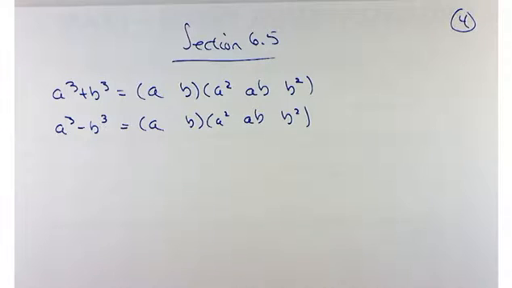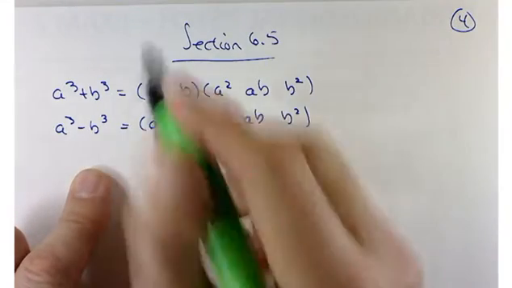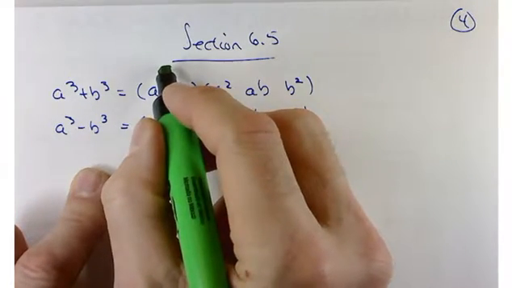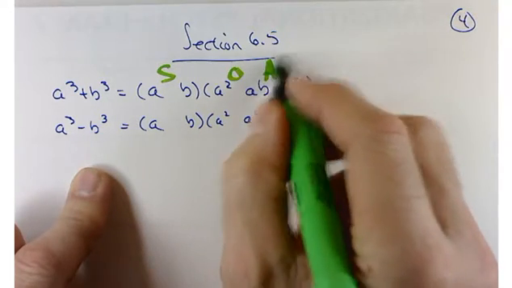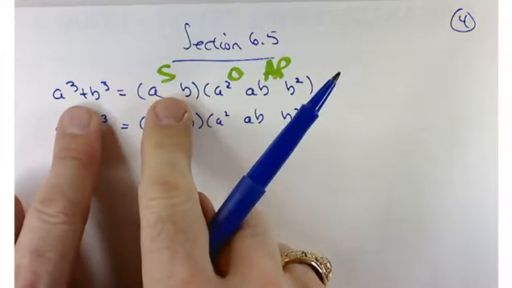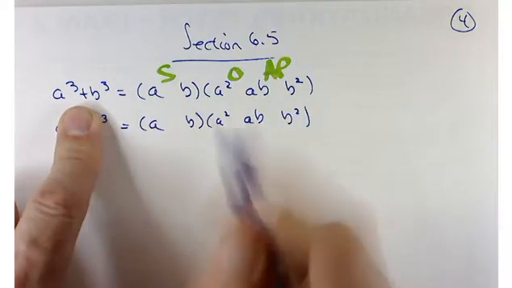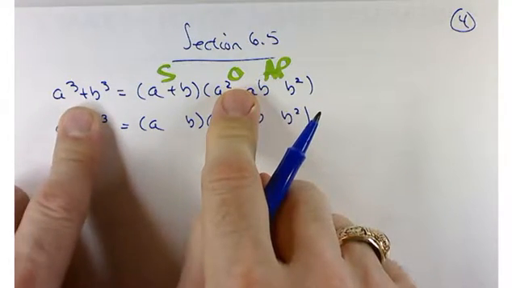Now, what you're going to need to remember is the signs that go between these two. The signs follow a nice little pattern. These two first signs are always the same. So S. What do you think the O stands for?